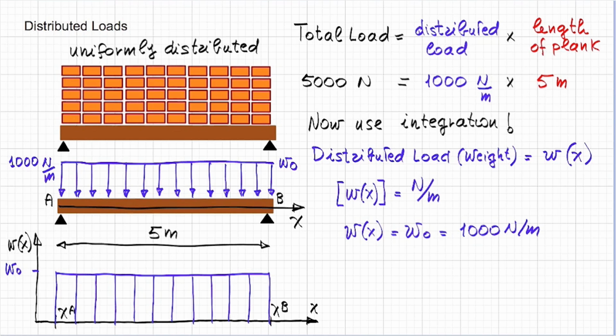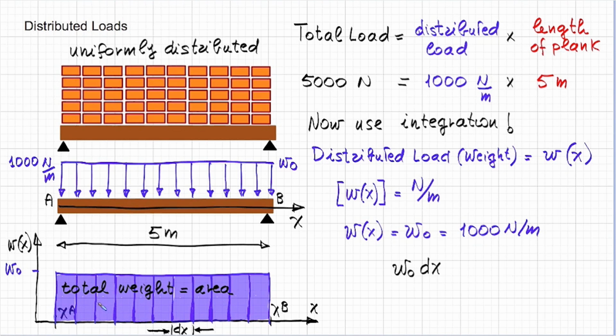So if w0 is the weight of bricks per unit length, the weight of bricks over a small differential length dx is going to be simply equal to w0 times dx, which is the area of this small rectangle. If you want to sum the contribution of the weight of the bricks between xa and xb, you need to keep summing the areas of these rectangles as you sweep along the length of the beam from xa to xb.